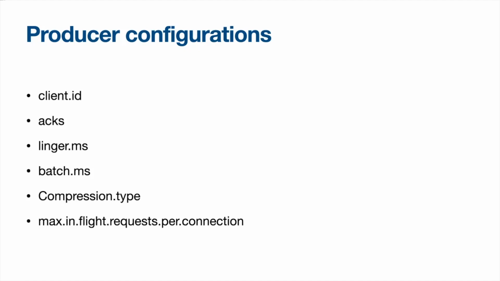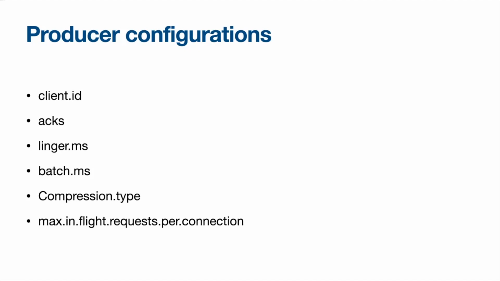So there are 3 different acknowledge configurations in Kafka producer. You can assign 0, 1, or all. 0 means that it is a fire and forget mechanism where you just send data into your Kafka topic and you don't expect any metadata or any future object returned from your Kafka broker.